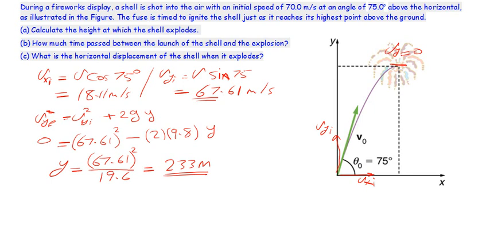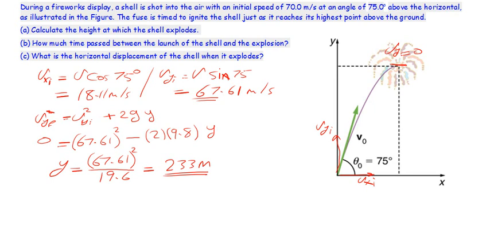Okay, so we know our maximum height. Now let's go to the next step. How much time passed between the launching of the shell and the explosion? This is going to be a one-way trip: it reaches the maximum height and explodes. Once again, we're talking about a vertical motion, the time upward, so I'm thinking about the y direction.